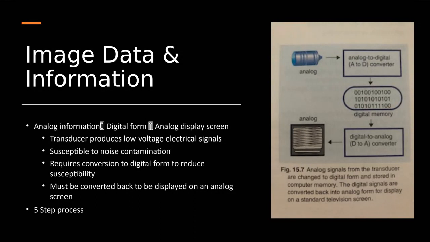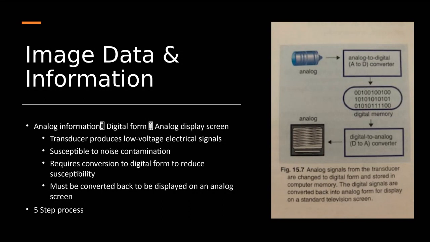So we're taking our analog information from really within the body, right? All of that reflected sound wave, that's all analog information. It's not rounded, right? Your body just doesn't round up a gallstone or round down a kidney stone, right? That's precise information. So that's analog information that we're getting from the body.